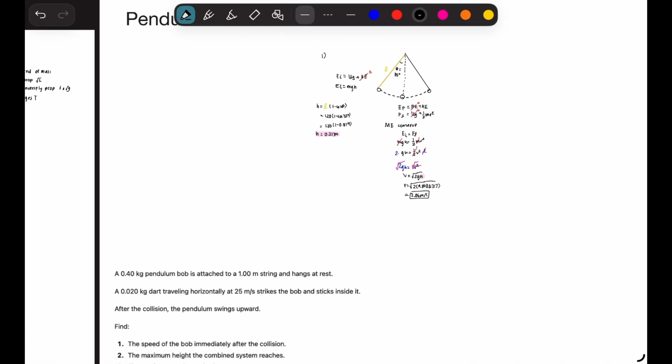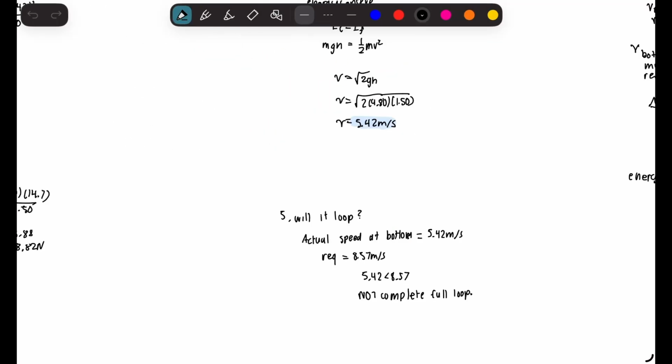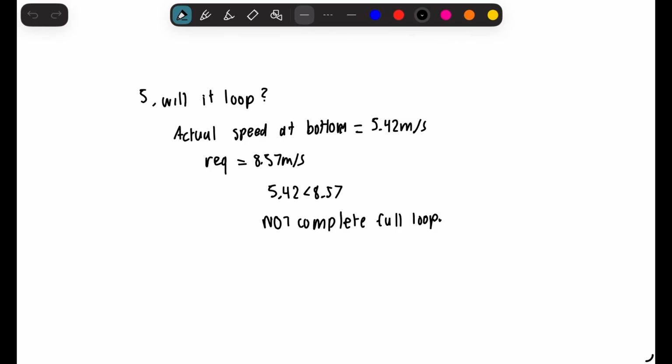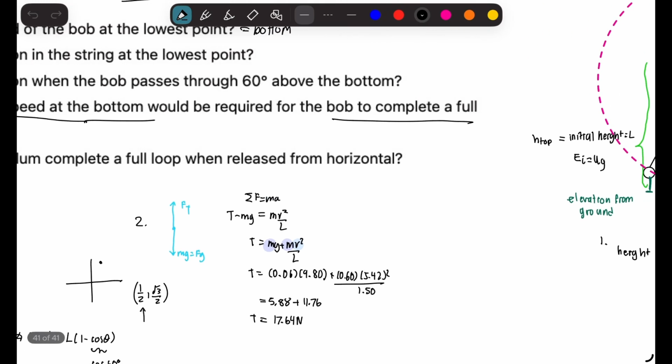Now, oh, where did our question go? You might be asking, what do we mean by release from horizontal? So when we say release from horizontal, this means that the string is going to be pulled parallel to the ground.